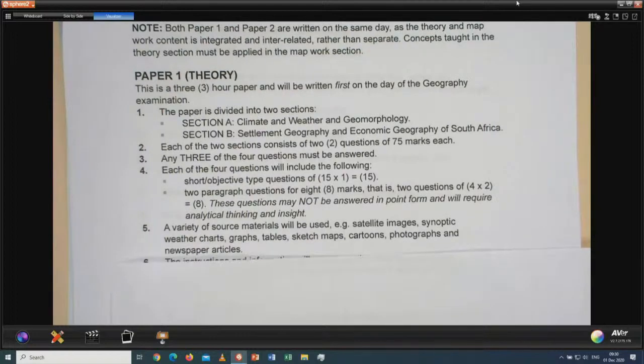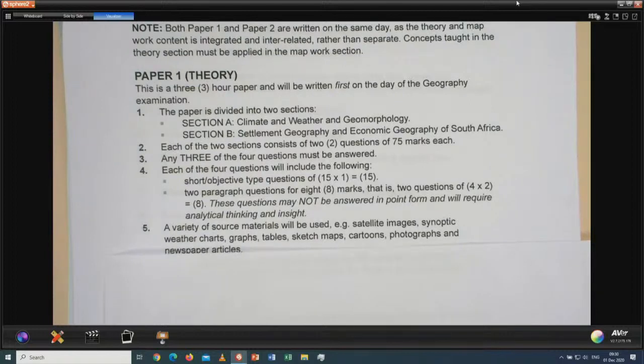So we go to the next one. Number 5, a variety of source material will be used. For example, satellite images, synoptic weather charts, graph tables, sketch maps, cartoons, photographs, and newspaper articles.